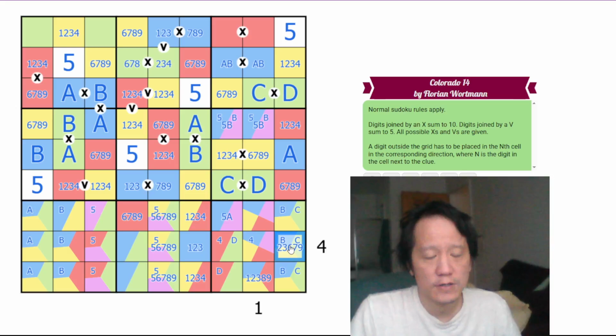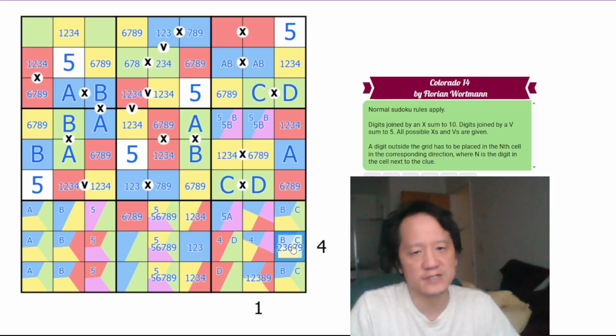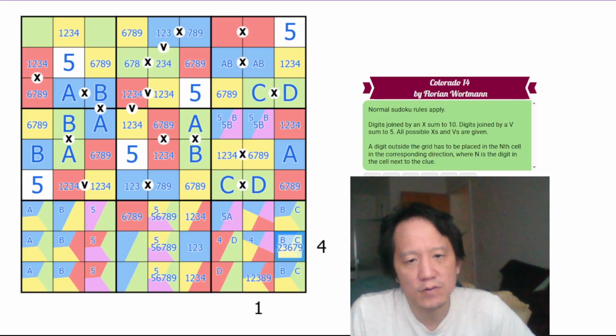Okay. So the only case where this cell can be yellow is if it's 7. Huh, interesting. So say yellow was 7.